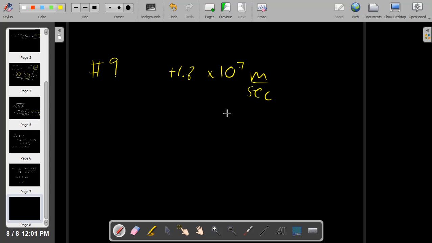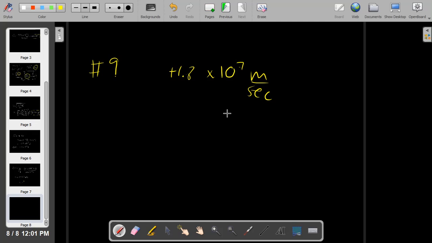So they give us the capacitance of the capacitor. If the capacitor holds 8.5 millicoulombs of charge, remember that this is the positive charge, the big Q, how fast will the electron be moving when it reaches the positive plate of the capacitor? Did I read it right? The positive plate of the capacitor.